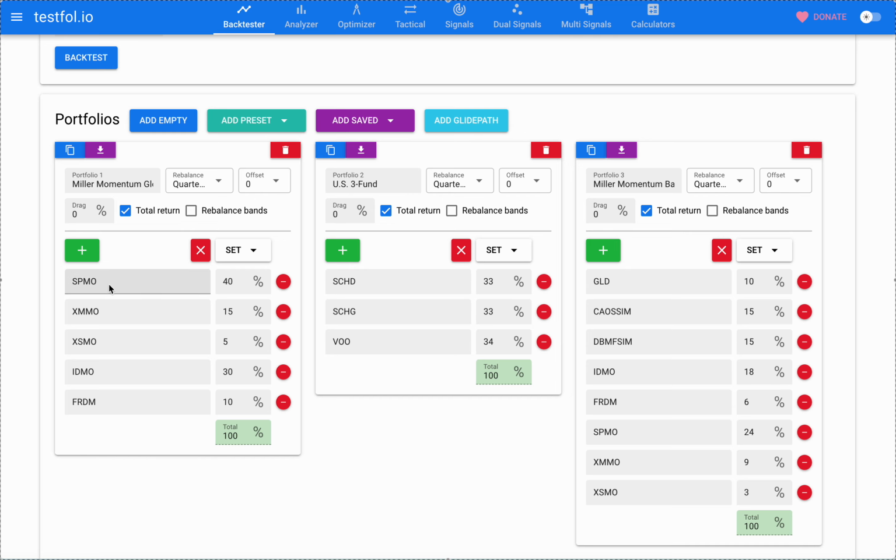So you've got SPMO for the S&P 500, you've got XMMO for the S&P 400 mid cap, you've got XSMO for the S&P 600 small cap, you've got IDMO for International Developed Index, and you've got Freedom for emerging markets, which excludes all of the autocratic regime markets and only selects the top 100 equities from the remaining free emerging markets.